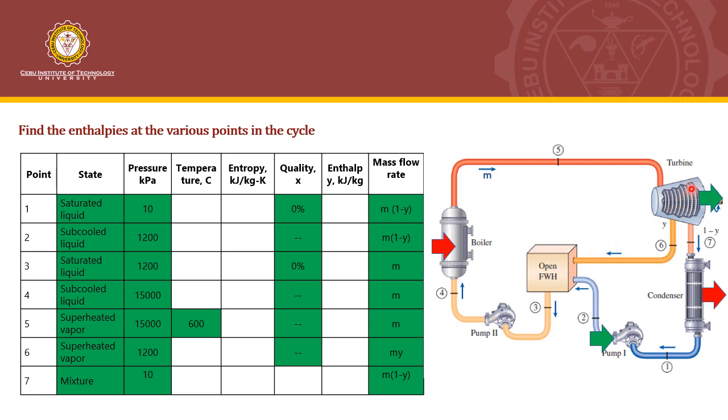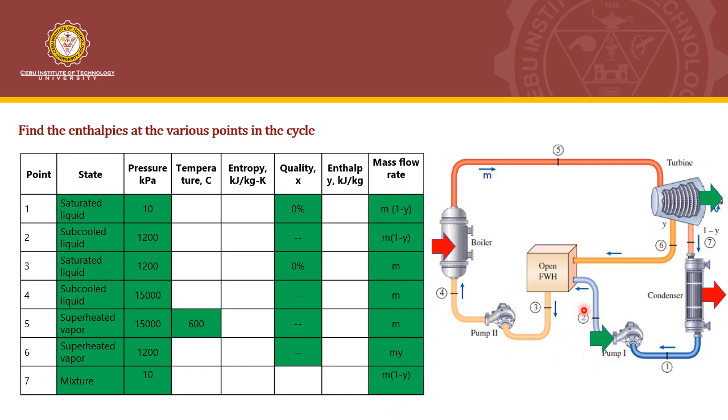And then you can also see here that the remaining steam will be 1 minus y. That's why at point 7, point 1, and point 2 it will be the same flow. So that's why 1, 7, and 2 is m(1 minus y), as you can see here in the table.